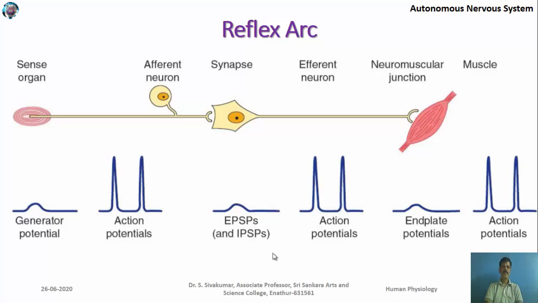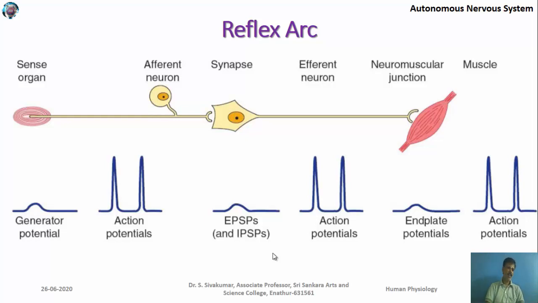Without the brain, within the spinal cord itself, these functions can be achieved. So you need a sense organ which acts as a receptor and gives the information to the afferent neuron. Then that information reaches the target organ, say a muscle, through the efferent neuron and neuromuscular junction.